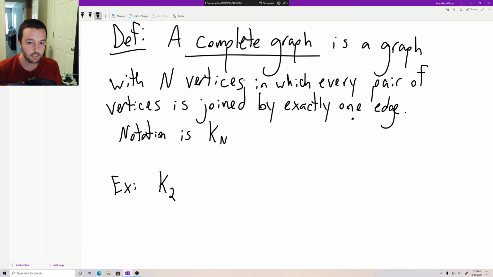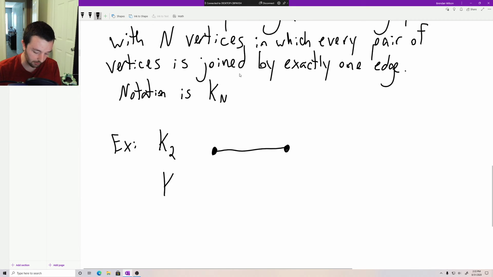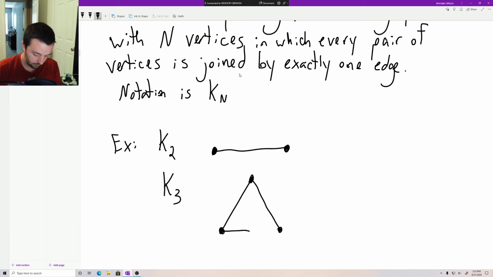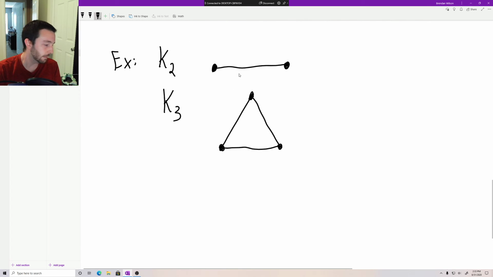And we're giving it this specific name because there's really only one form it can take. It's going to look like this. There's not really a different way you can draw it. Maybe you could draw it vertically or diagonally, but ultimately it's the same thing. So we give it a unique name, K2. What's K3 going to be? Well, it's just going to be a triangle. So every pair of vertices here is joined exactly once.